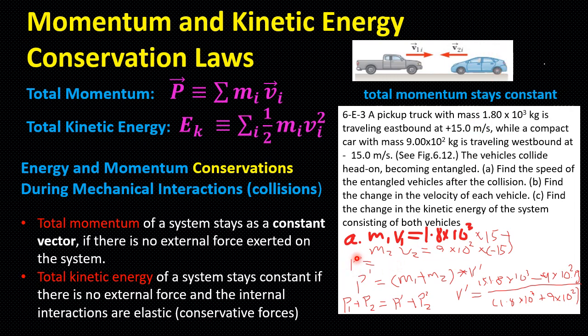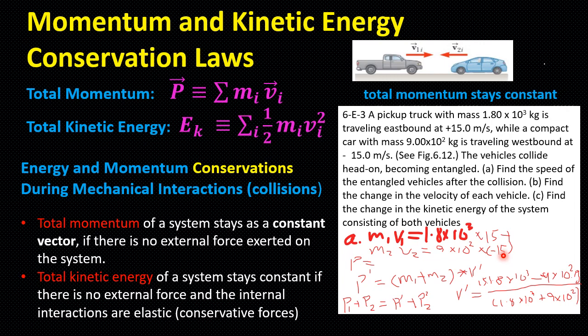We call the momentum of the truck P1 before the collision, and momentum of the car P2. P1 is M1 times V1, that's 1.8 times 10 to the 3 times 15. And P2 is M2 times V2, which is 9 times 10 to the 2 times negative 15, because it's head-on in the opposite direction.